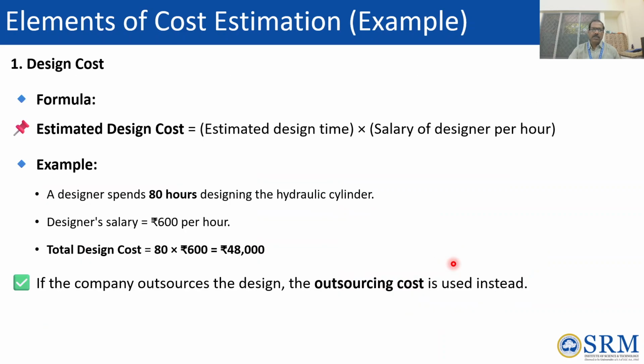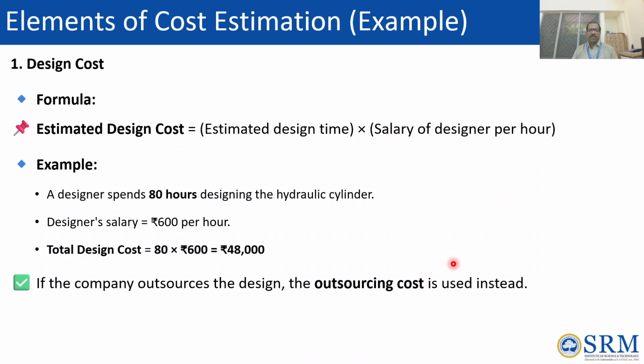Okay, step by step. So you need to have a design cost. So as we discussed, estimated design cost will be estimated design time into salary of designer per hour. So a designer spends 80 hours designing the hydraulic cylinder.